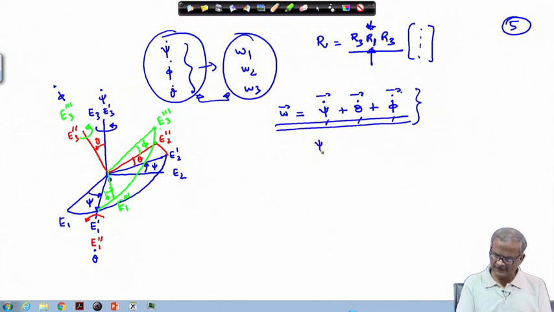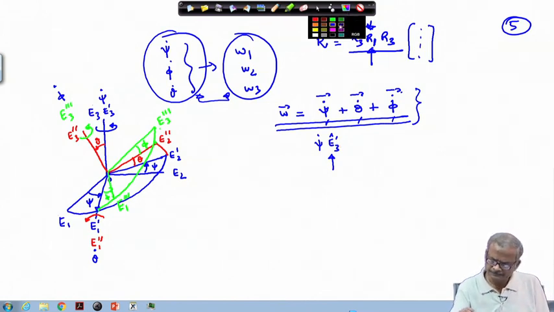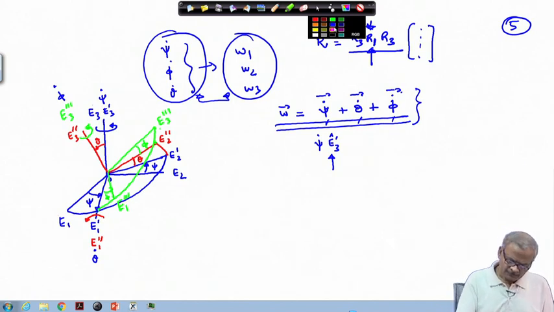So, psi dot will be along the unit vector E3 cap. This is E3 cap and E3 prime, both are in the same direction, so you can write it like this. So, find out this E3 prime vector. Now, I have to write something more here. This E3 triple prime, I will write as E3. Okay.